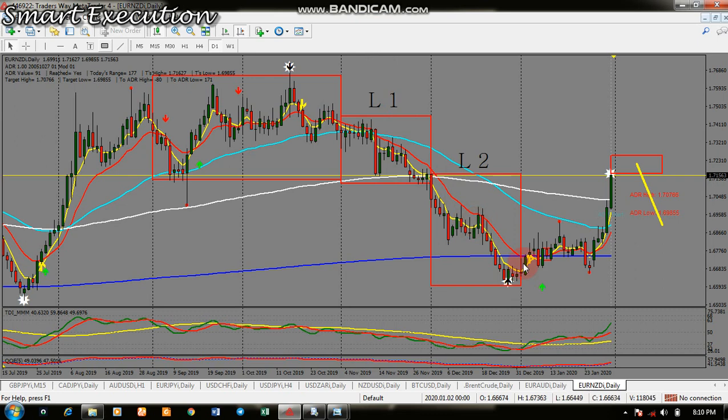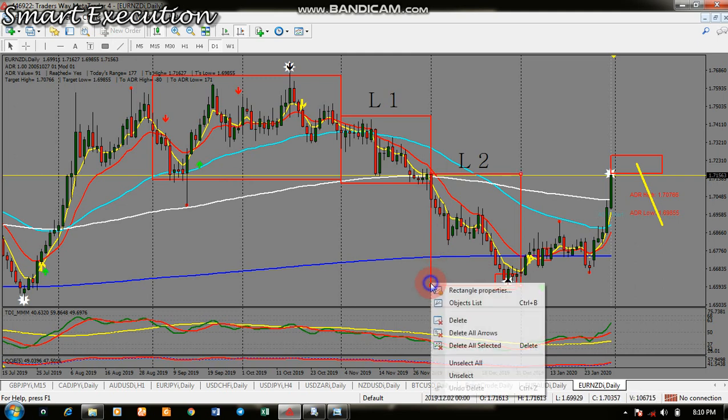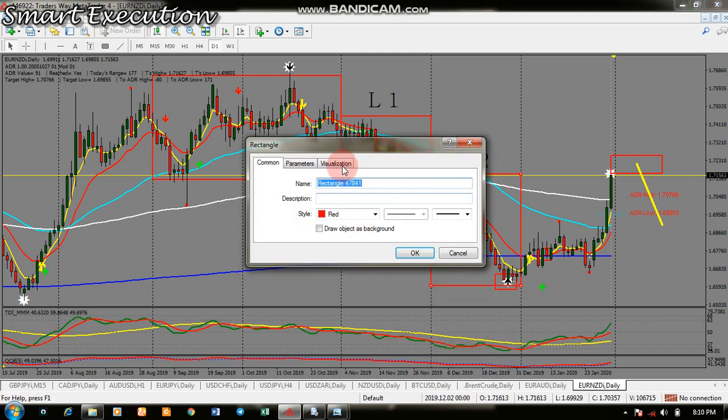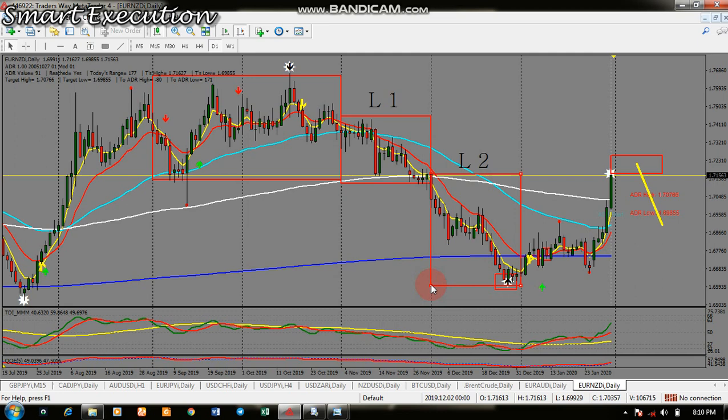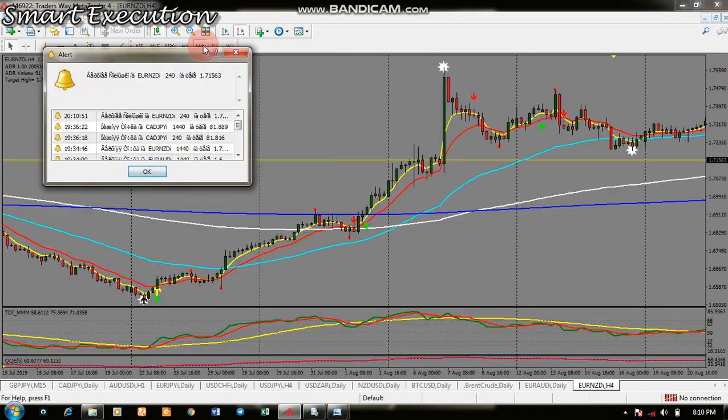You count your levels, and then you look for your arrow. On the daily chart you look for your arrow, and then you go on your H4 chart.